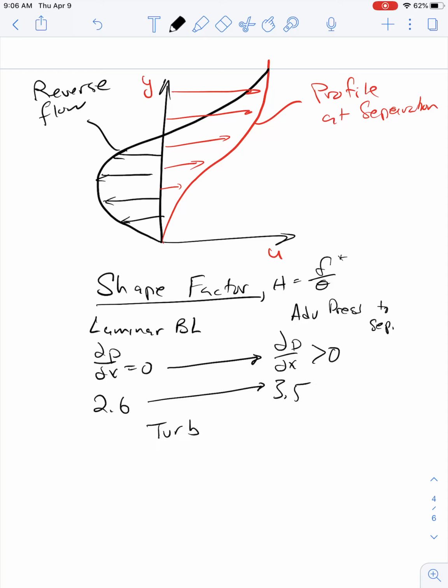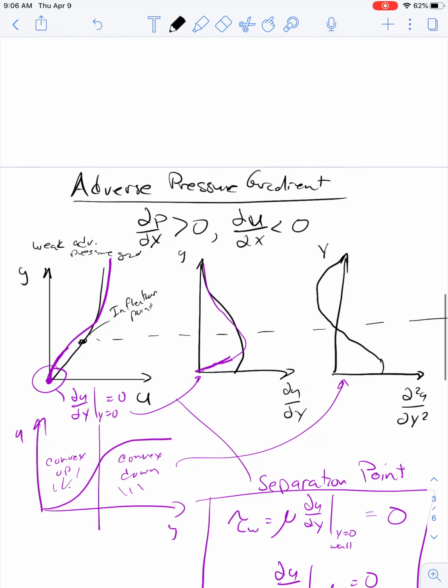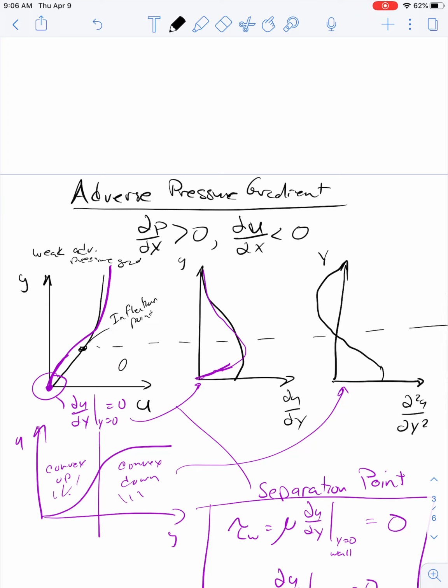For the turbulent case, it's going to go from about 1.3 to about 2.6. So you can see this change in our pressure gradient substantially alters the velocity profile, and we saw these different velocity profiles for the adverse pressure gradient.